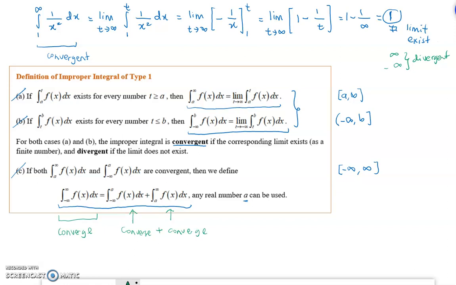But the left-hand side will be divergent if either one or both of the improper integrals on the right-hand side is divergent. So it can be convergent plus divergent, divergent plus convergent, or both divergent.